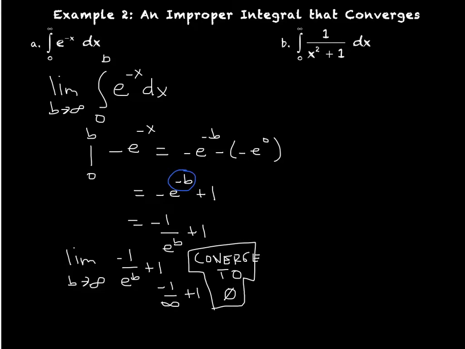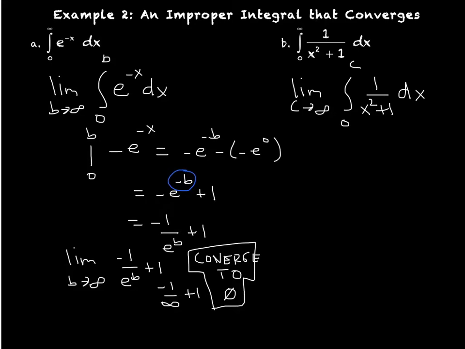We have the integral of 1 over x squared plus 1. So once again, we're going to integrate from 0 to, we'll just say c this time, and the limit as c approaches infinity of 1 over x squared plus 1 dx.